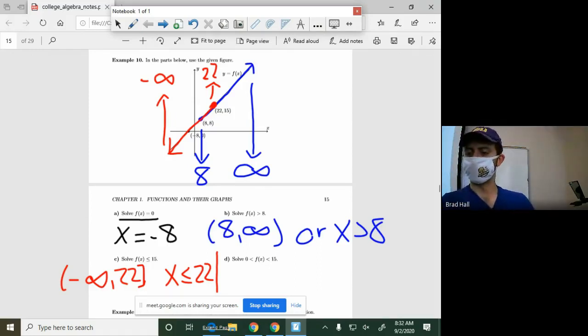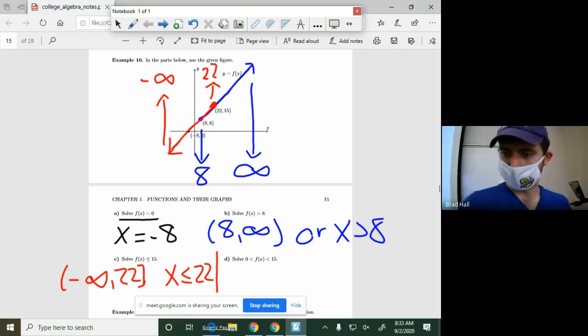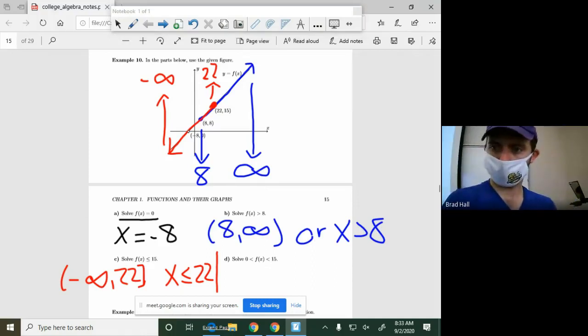So then finally, part D wants us to determine when the function is trapped between 0 and 15. So when is the function 0? Seems to be right here, which I'm coloring in black. And when is the function 15? I'll color that in black as well. And so we look for that region connecting the two.